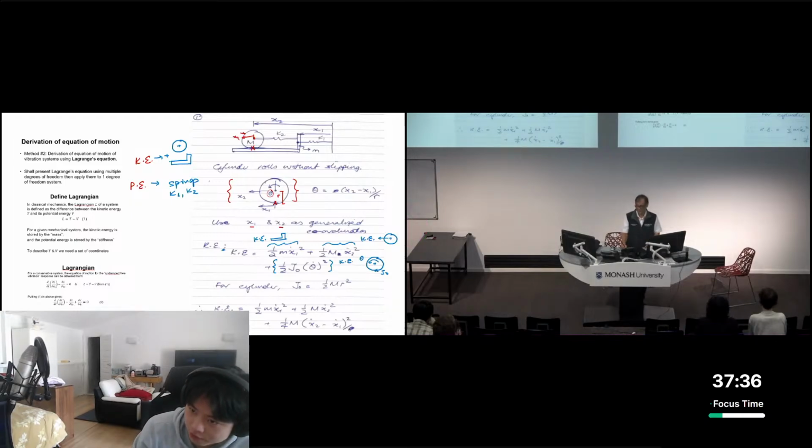So the cylinder is moving, the cylinder is rotating. That's the two kinetic energies. And the kinetic energy of the body is just moving. That actually makes sense.